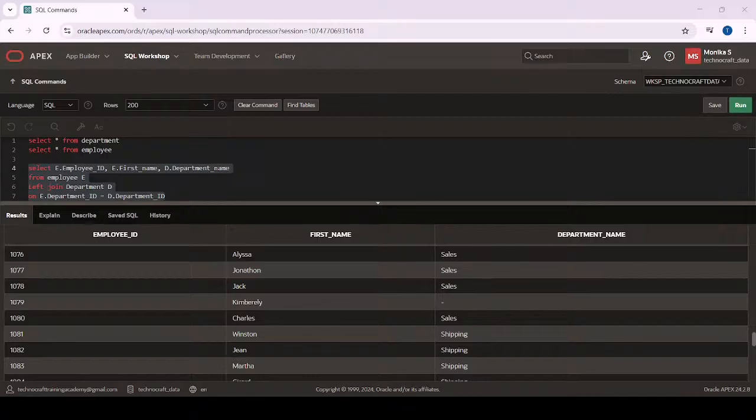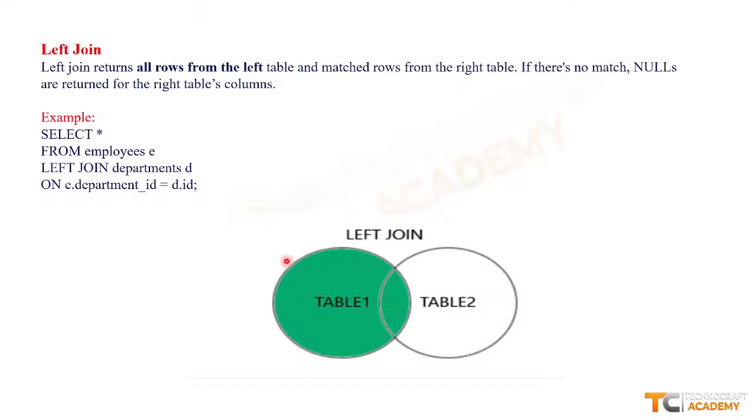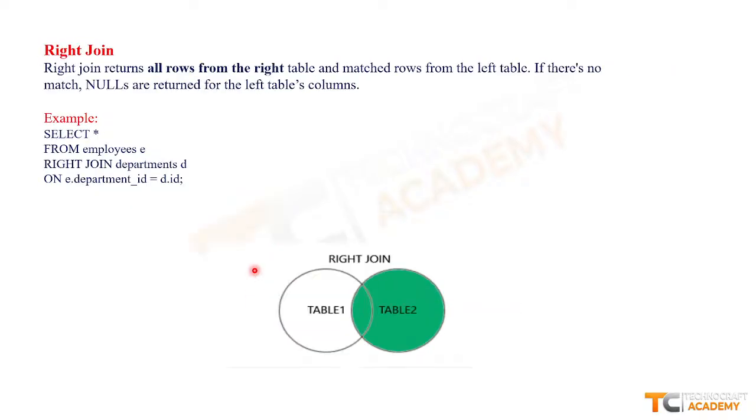Okay, let's go to our next join. So our next join condition is a right join. So what happens in the right join? It is exactly opposite of the left join.